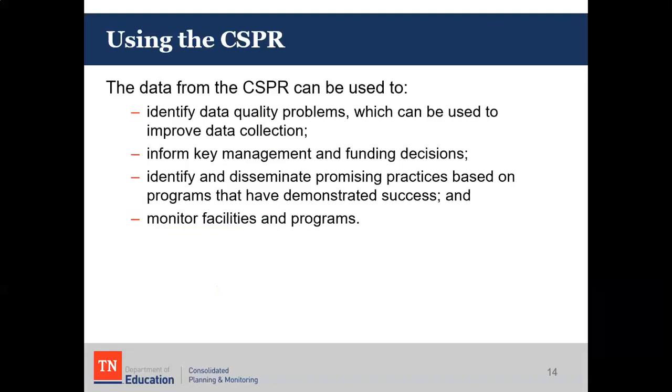They can identify and disseminate promising practices based on programs that have demonstrated success, and they're used to monitor facilities and programs. So again, at the heart of the purpose of this data is that it allows us to reflect on how things have gone this past year, examine how effective our Title I program has been, and then make planning decisions for the upcoming school year.